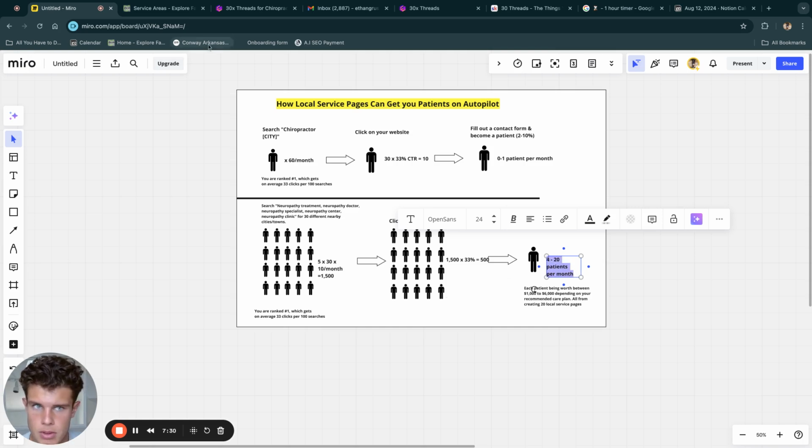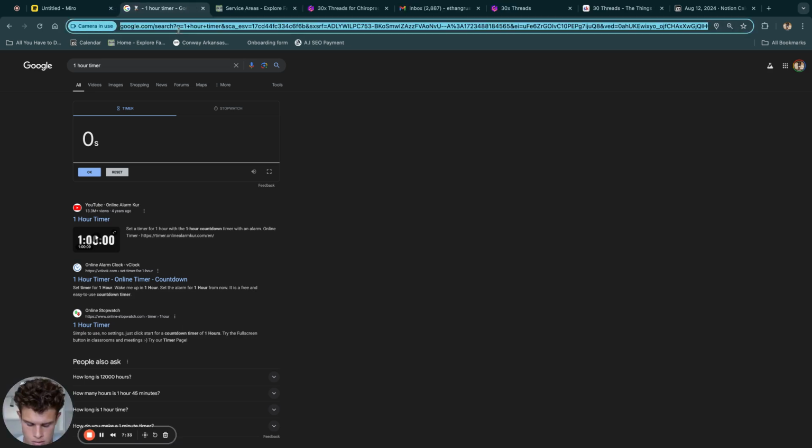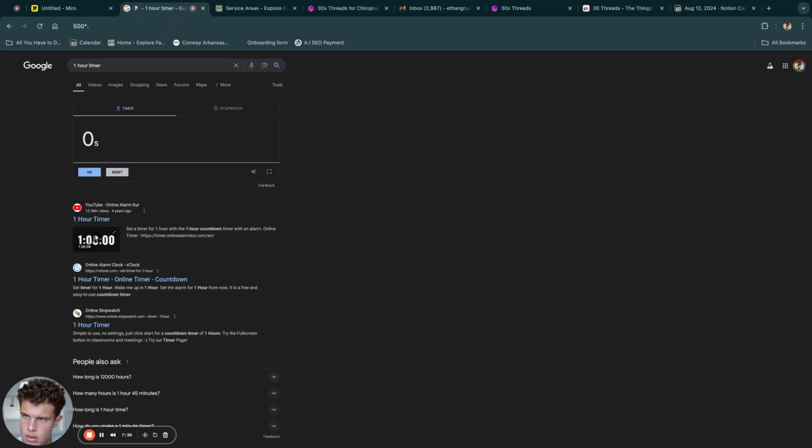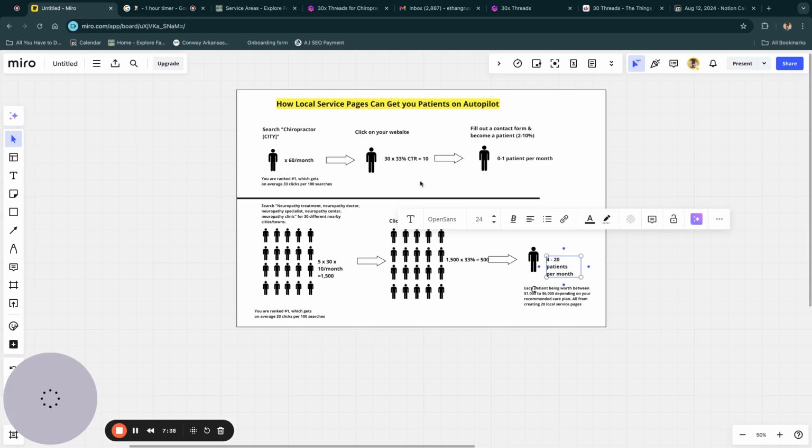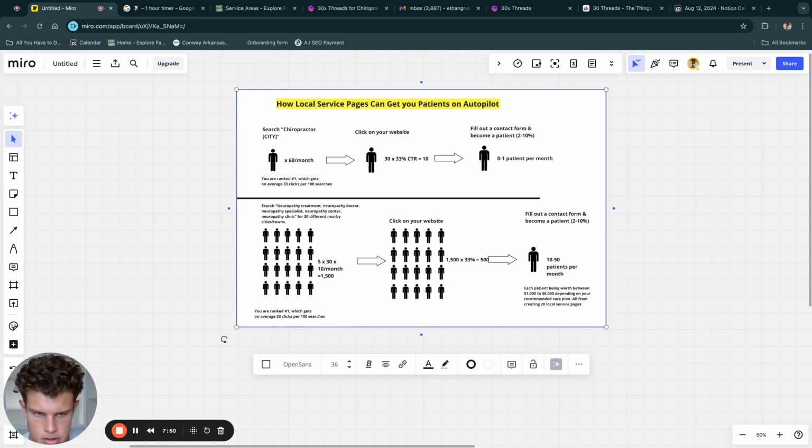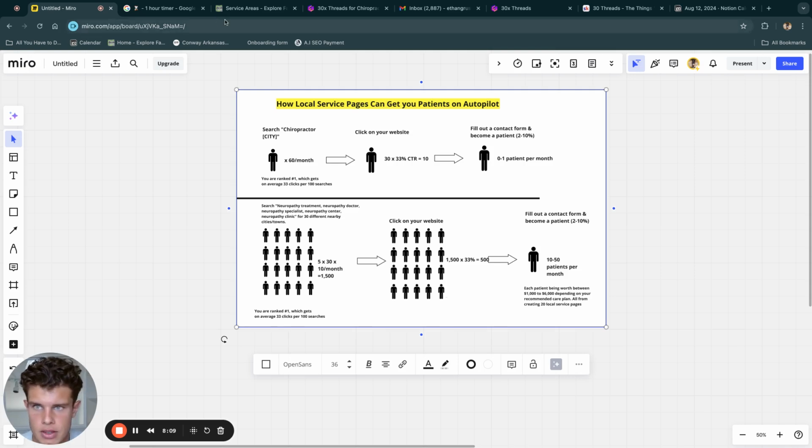Let me type this in real quick: 500 times 0.02 is 10 patients per month. They could theoretically be generating anywhere between 10 to 50 patients per month, obviously depending on how good they are at sales and how good their back-end process is to capture this traffic, nurture them, and convert them into patients. But as you can see, just by looking at the numbers, by creating these local service pages, you can really get patients on autopilot just by having these pages here.